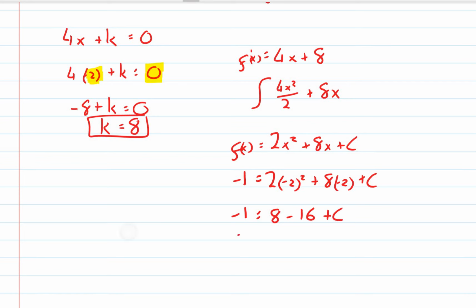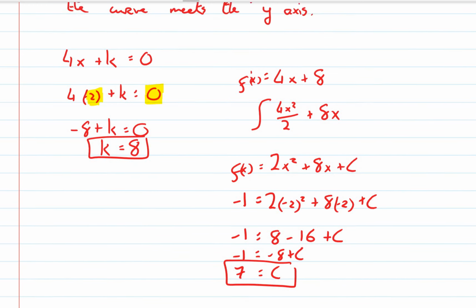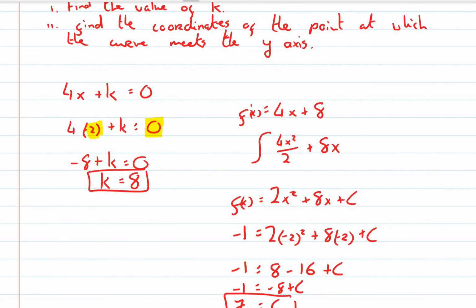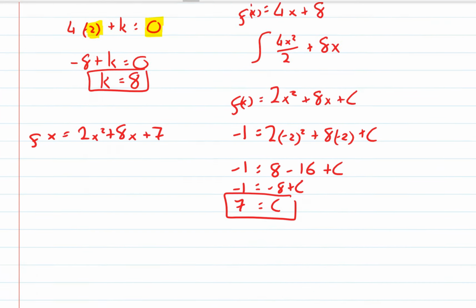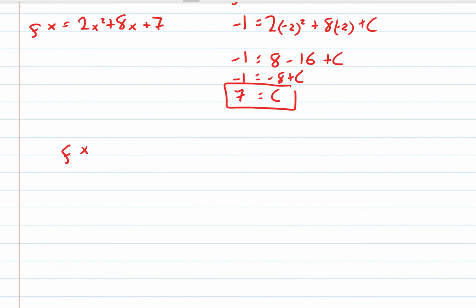If we simplify that, we get c equals 7. Okay, so c is 7. So our function then, f(x) equals 2x squared plus 8x plus 7.